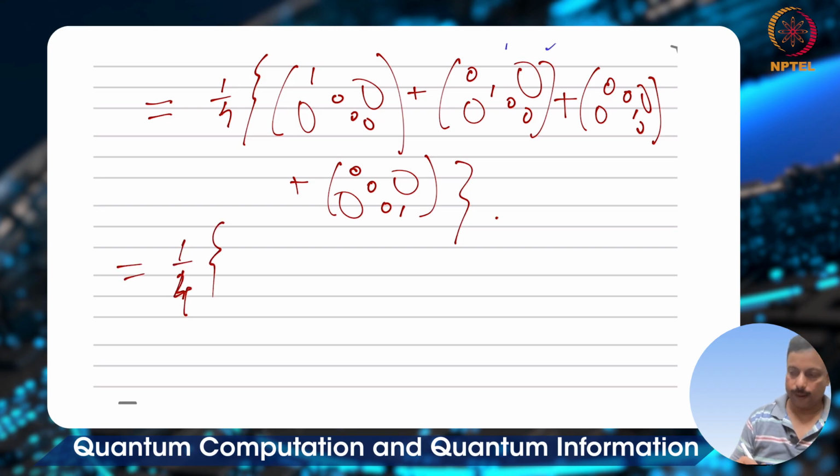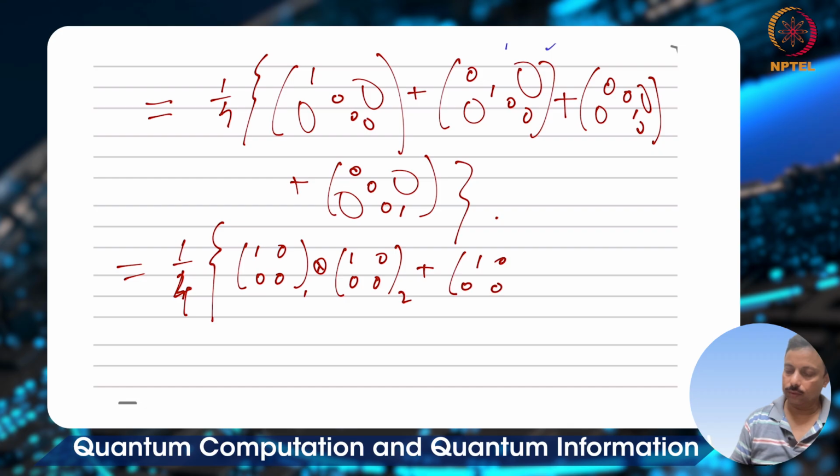This can be further broken into 1 by 4 times, simply 1 0 0 0 tensor 1 0 0 0 plus, so this is system 1, this is system 2, 1 0 0 0 system 1 tensor 0 0 0 1.